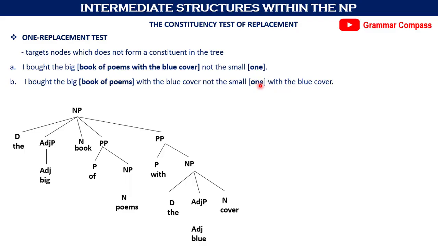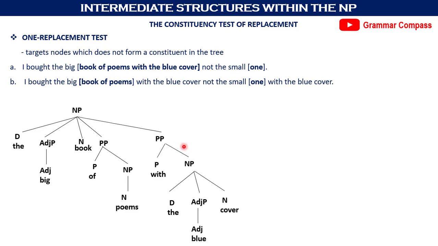So one replacement test here targets book of poems, so not the small book of poems with the blue cover, which means that since book of poems can be replaced with one, I bought the big one with the blue cover, then book of poems forms a constituent.